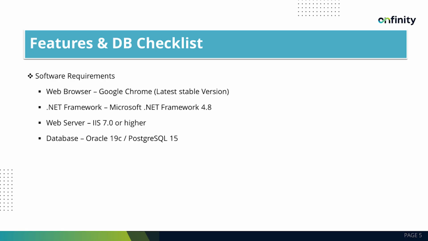In addition to the operating system, certain software components must be installed. The server must have Google Chrome with the latest stable version, Microsoft .NET Framework 4.8, and IIS version 7.0 or higher. For the database, Onfinity application supports either Oracle version 19c or PostgreSQL version 15.